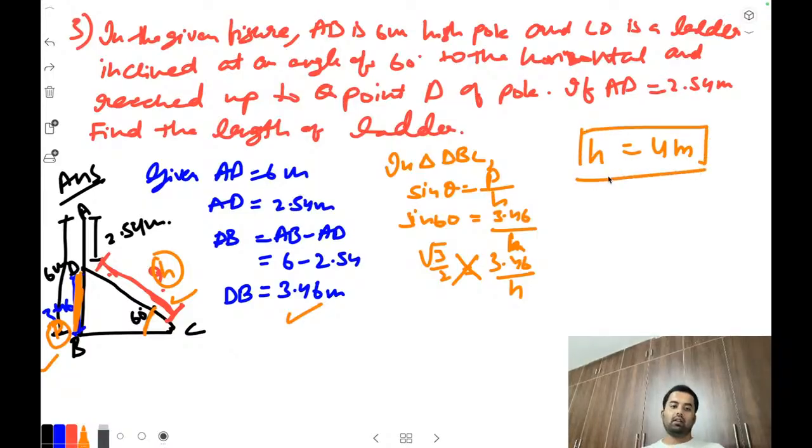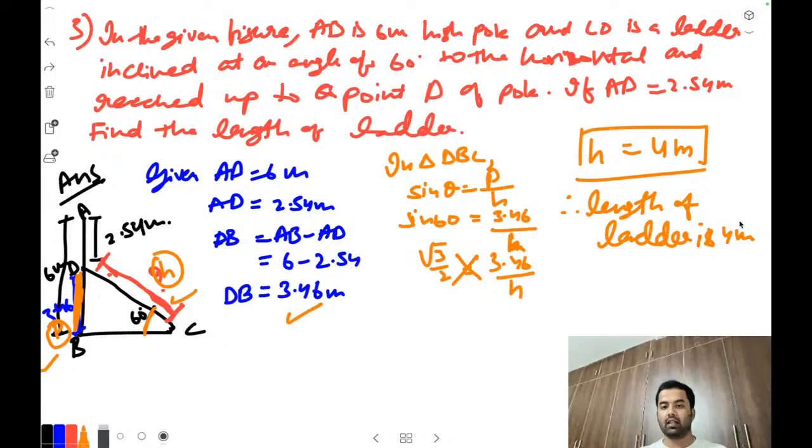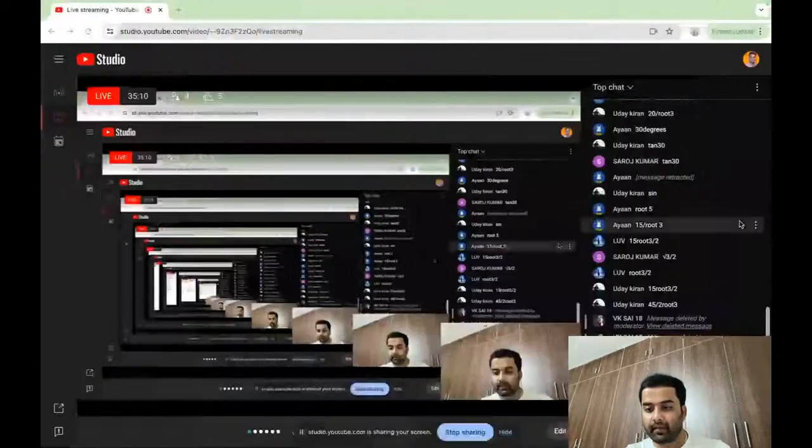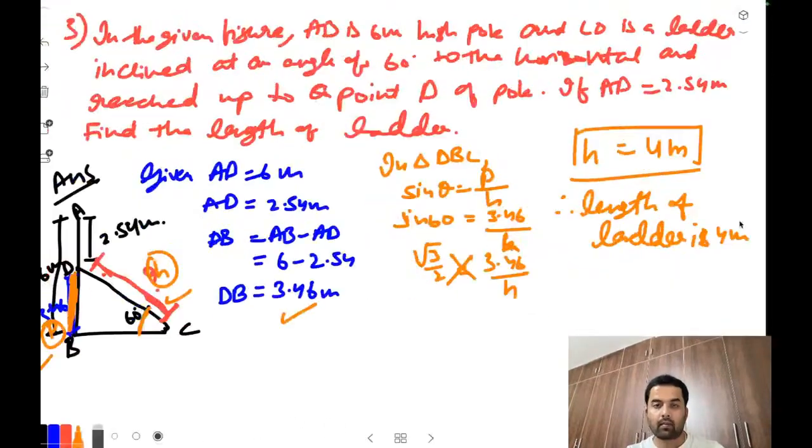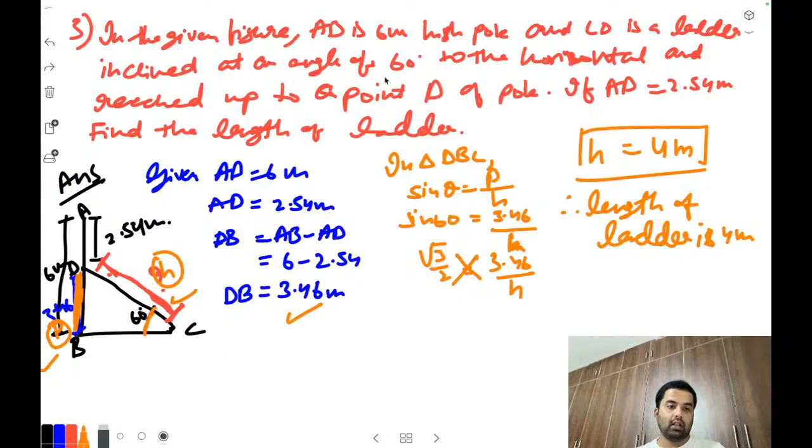Yes. So the length of ladder is 4 meter. Check this out, what we did here, everyone. See, this value AD was given, this AB was given whole.